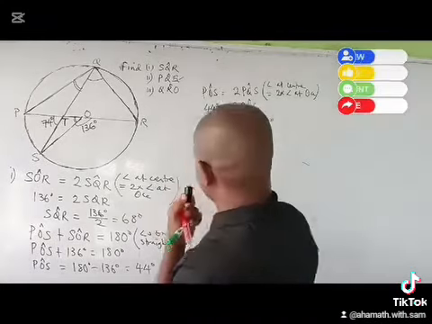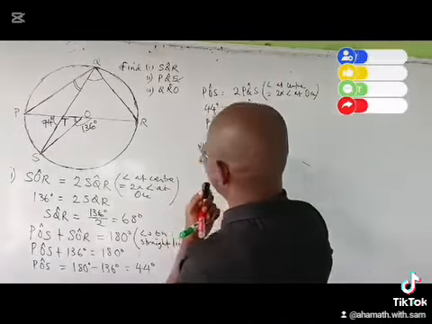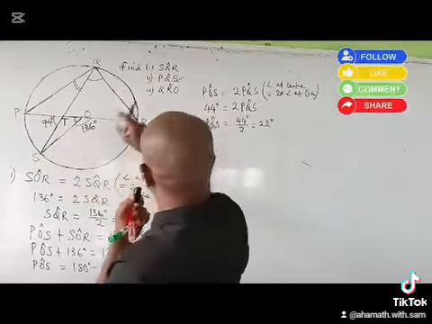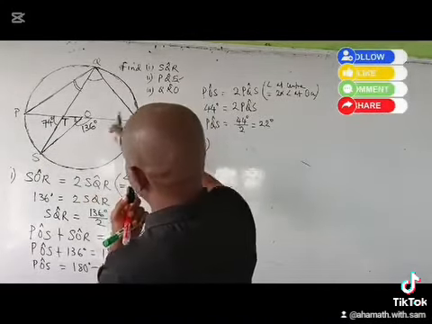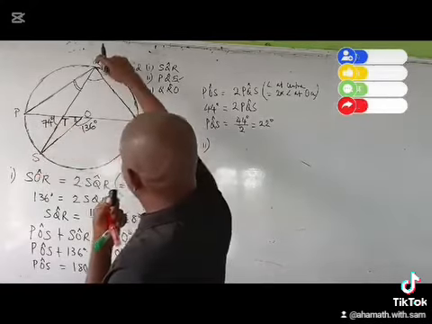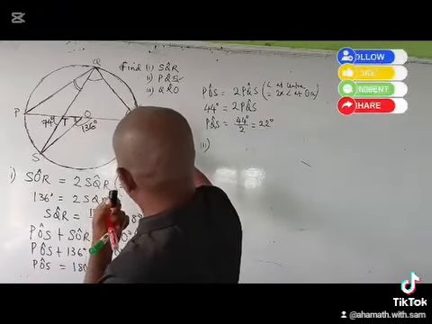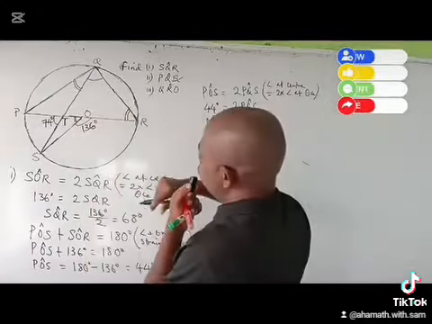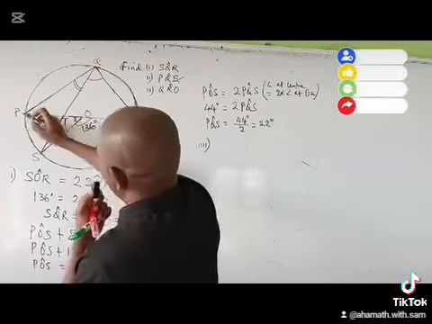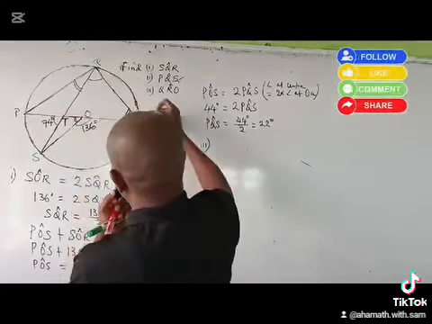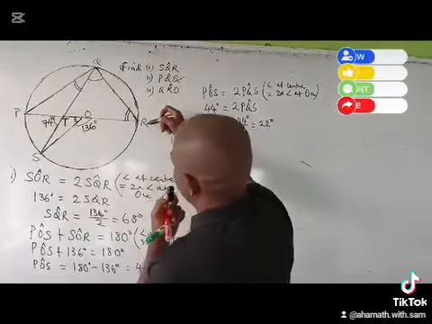Now we move to question 3, which says to find angle QRO. QRO, this angle here. So how do we find it? This PQR is a triangle.